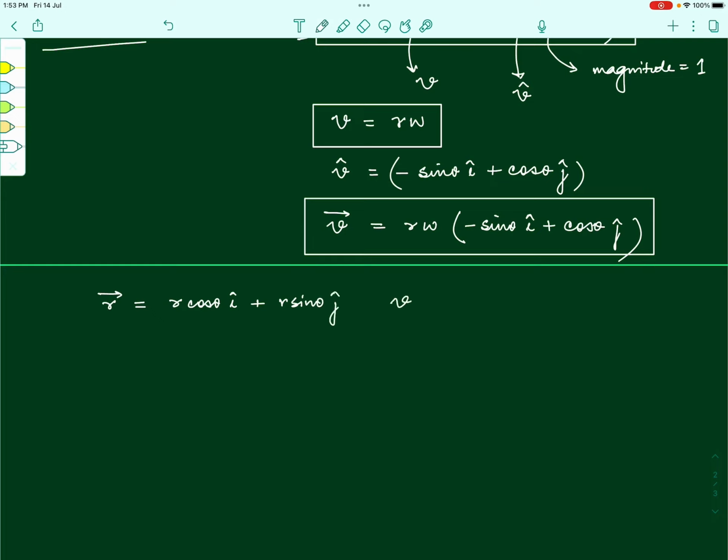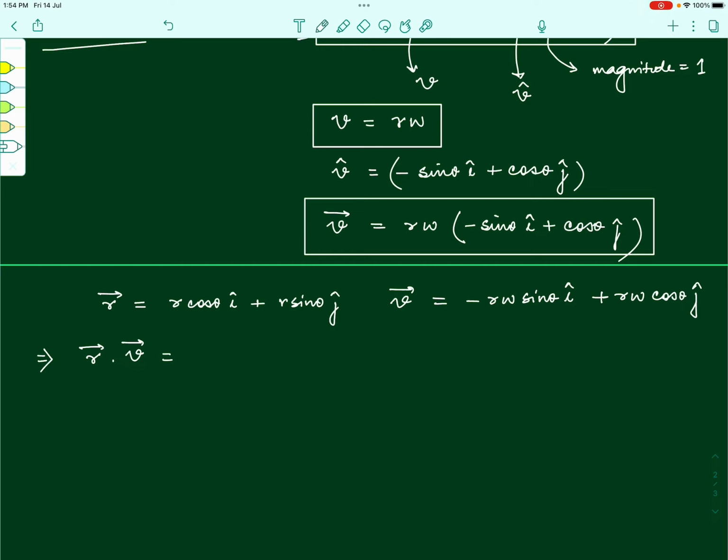And we also have the velocity vector. If we just take the terms inside, we will have minus r omega sin theta i cap plus r omega cos theta j cap, right? These are the two vectors. Let us try and find out the dot product of vector r with vector v and see what we get.